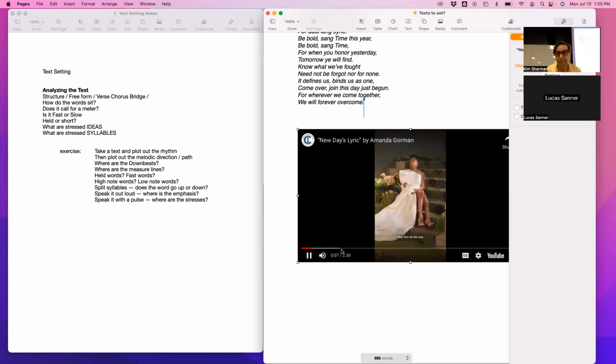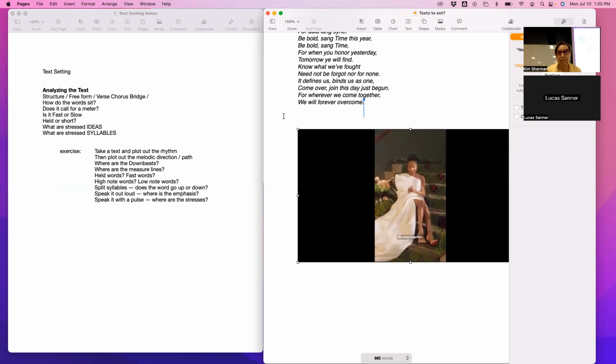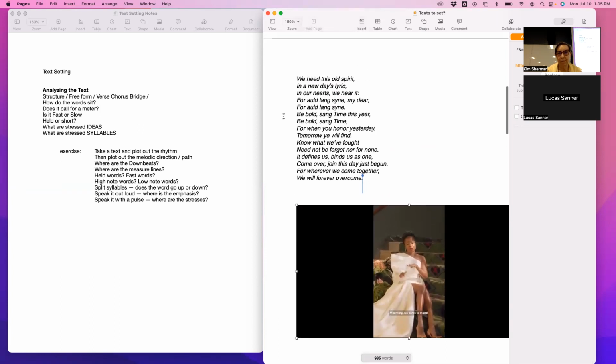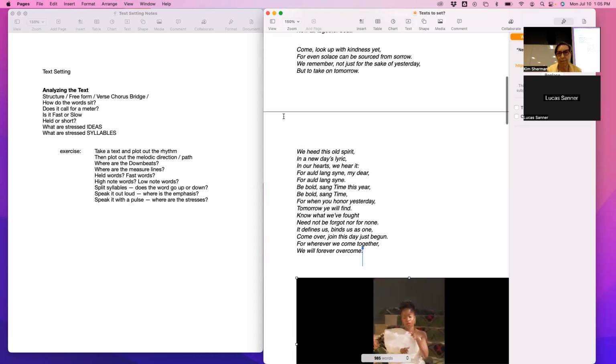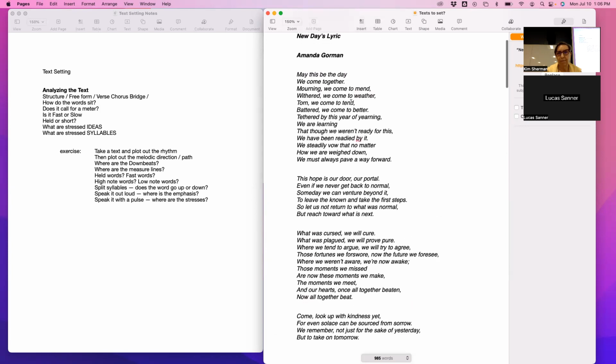May this be the day we come together. Mourning we come to mend, withered we come to weather, torn we come to tend, battered we come to better. Tethered by this year of yearning, we are learning that though we weren't ready for this, we have been readied by it.